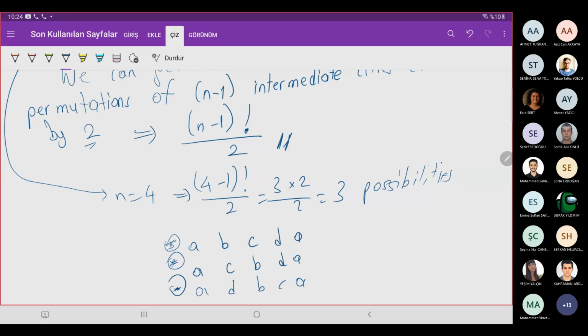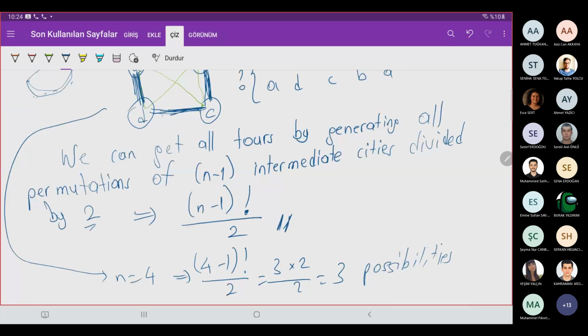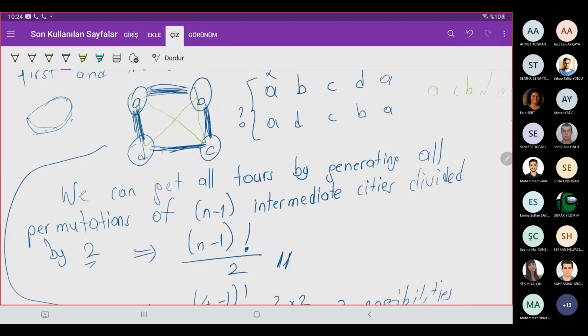So I need to enumerate all of them, but just keep in mind that if I enumerate, I have factorial, so it's a lot of complexity. Exponential complexity, and a huge exponential, which is factorial.